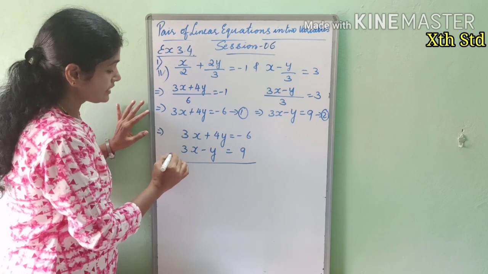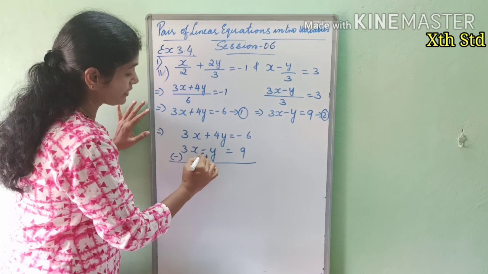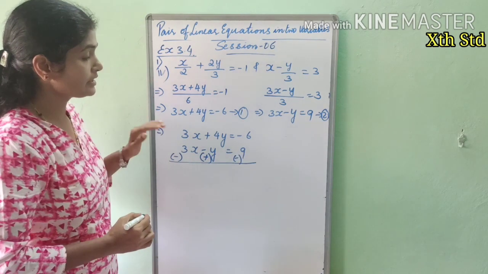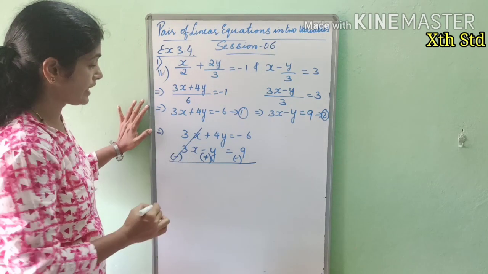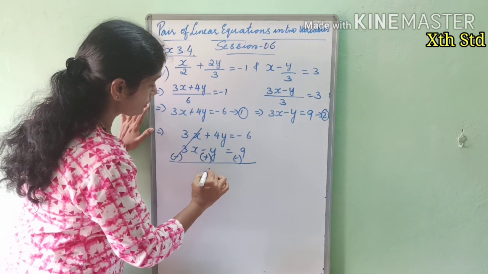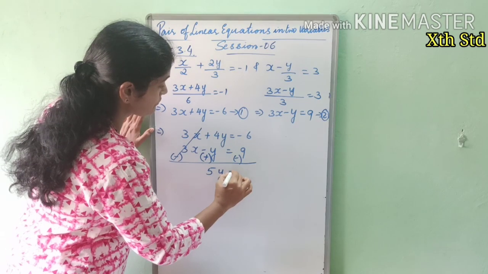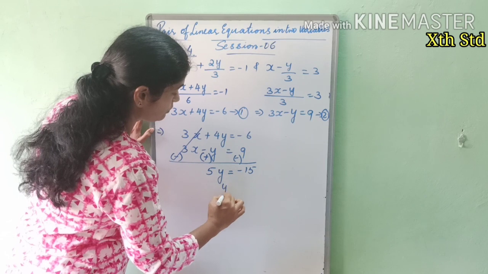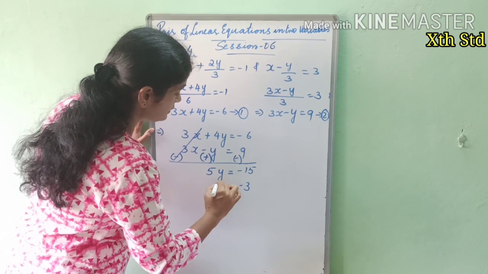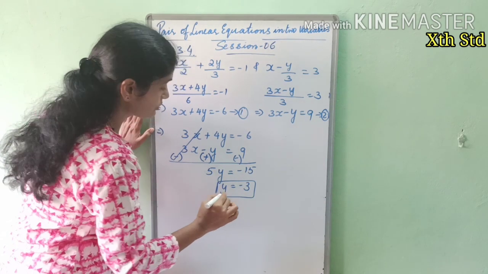Both of them are in the same sign, so we will subtract the equations. Subtract equation 2 from equation 1. So when we do so, this gets cancelled, it gets eliminated. So here it is 5y is equal to minus 15. Therefore, y is equal to minus 3.